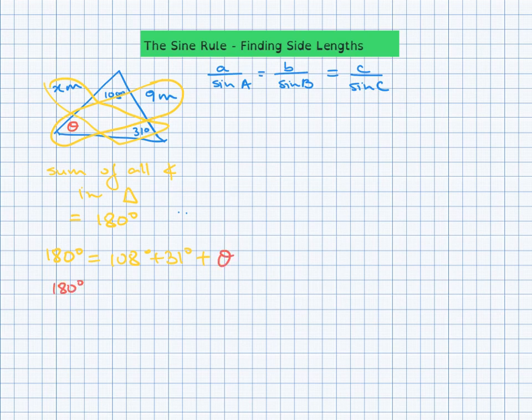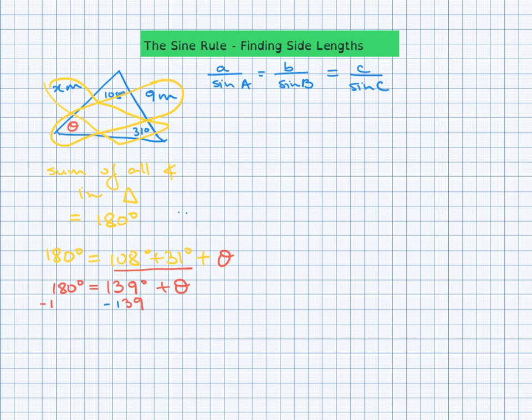So 180 is equal to 108 and 31, which is 139 degrees, plus theta. Now we just need theta by itself, so we take away 139 from both sides, because whatever you do on one side, you do to the other side as well.